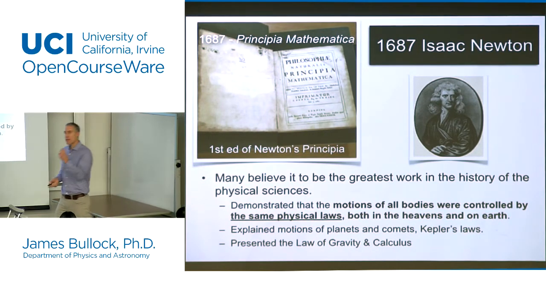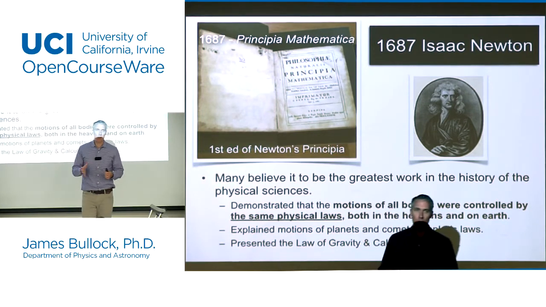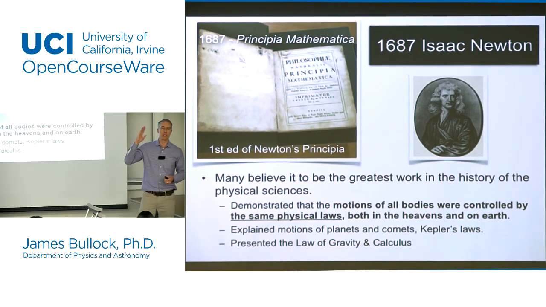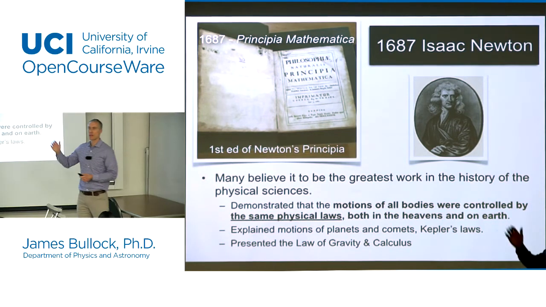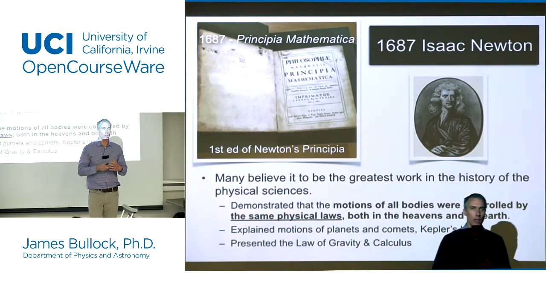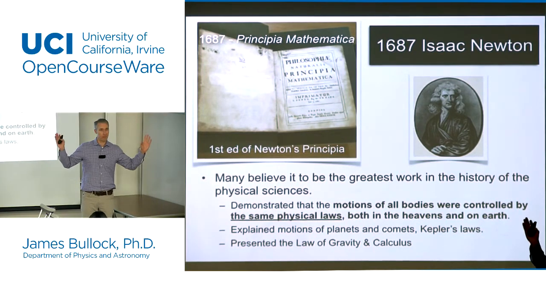Fundamentally, he demonstrated that the same physical laws that govern apples falling from trees on Earth govern the orbits of the moon and the planets around the sun all throughout the universe. In principle, the same physical laws act here as they do everywhere.